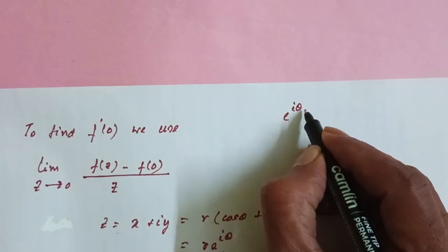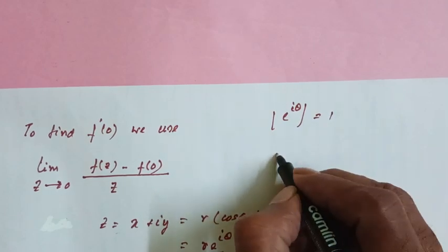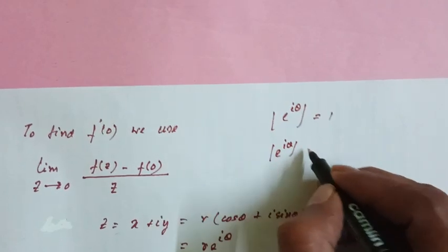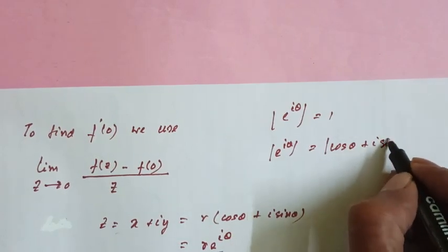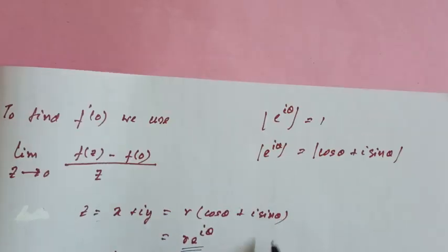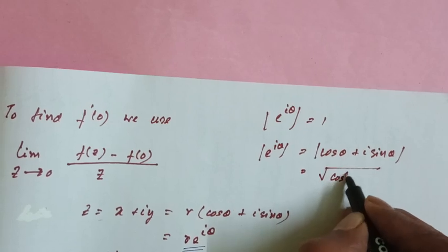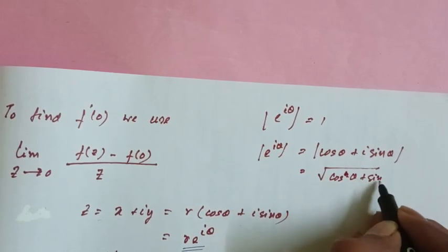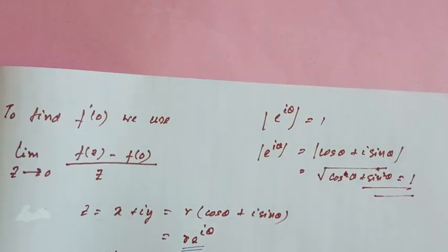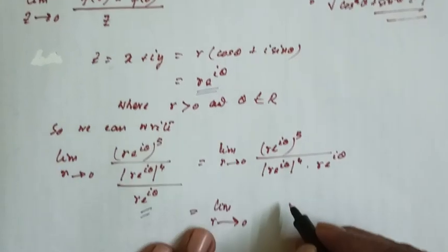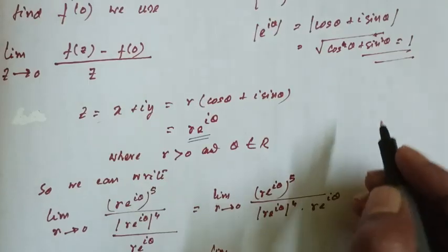The modulus of e^(i theta) is equal to 1, because e^(i theta) is equal to cos theta plus i sin theta. And we all know modulus of cos theta plus i sin theta is equal to root over cos squared theta plus sin squared theta, which is nothing but 1, isn't it? So this quantity is 1, as we know from the calculation.